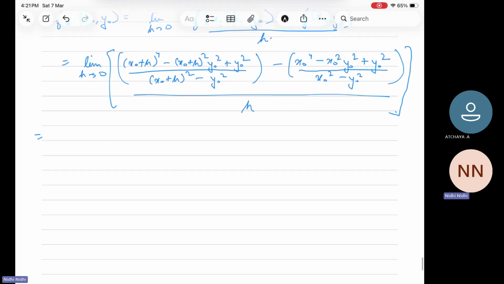Okay, so this will be limit h tending to 0. Let's just expand.